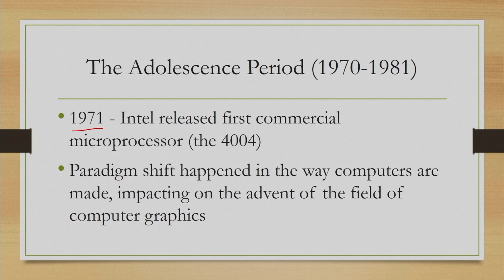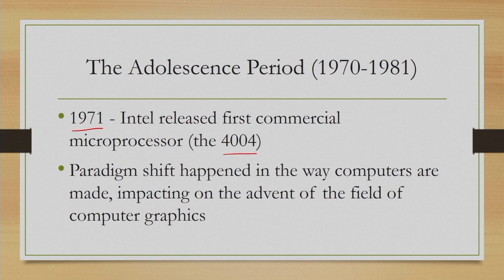Now, in this phase again many new things happened. In 1971, Intel released the first commercial microprocessor called the 4004.